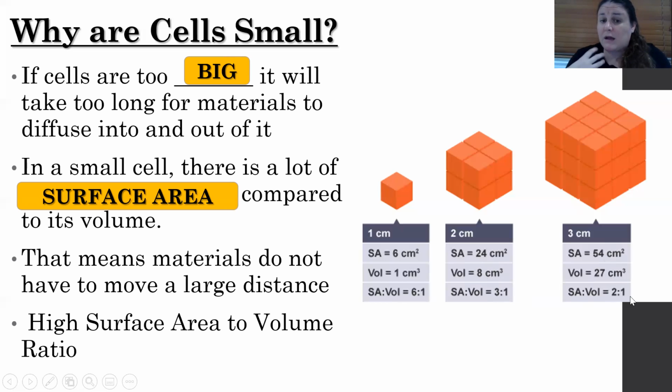Now sometimes, because 6 over 1 is 6 and 3 over 1 is 3, you'll see the surface area to volume ratio written as 6 to 1 or 3 to 1, or, once we've reduced it down to over 1 unit of volume, sometimes it'll just be a whole number. So they'll say the surface area to volume is 6. What that means is 6 over 1.